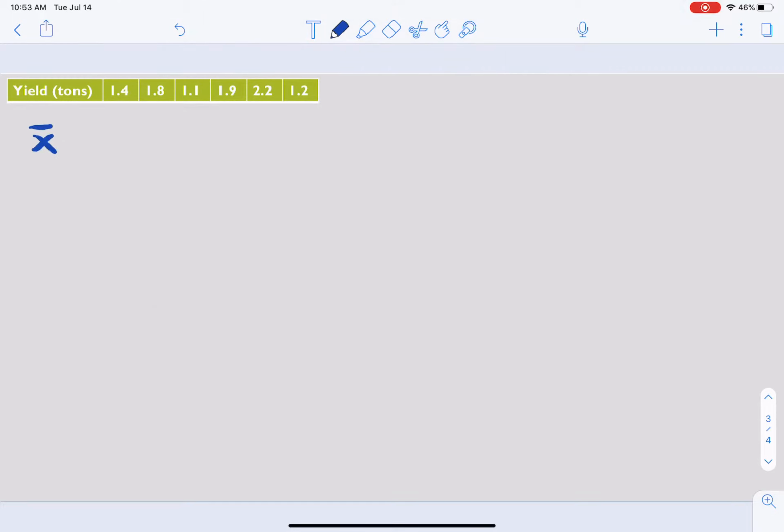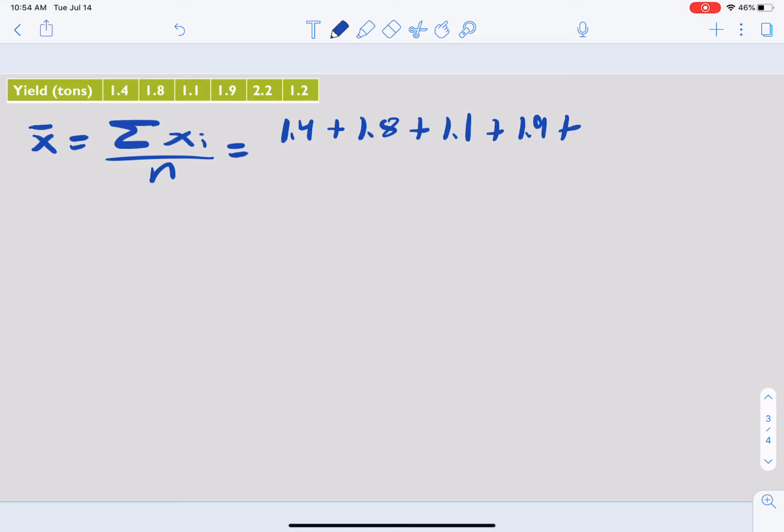So let's first calculate x bar. That's not the hardest to figure out, and we'll write out the steps here. Sum of the xi's divided by the number that we have. So this is going to be 1.5 plus 1.8 plus 1.1 plus 1.9 plus, and so on, and we'll divide all of this by how many things we have.